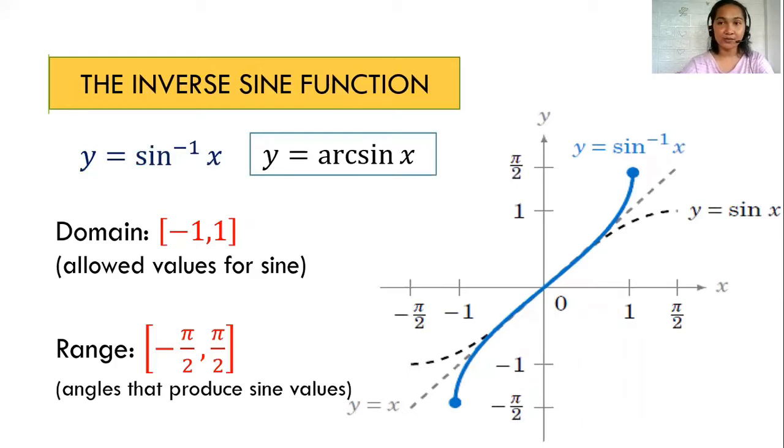Kindly take note of this, because later on, as we proceed with the examples, you always have to recall the domain and range of this inverse sine function. That is from -pi/2 to pi/2. So we have these characteristics of the restricted inverse sine function.